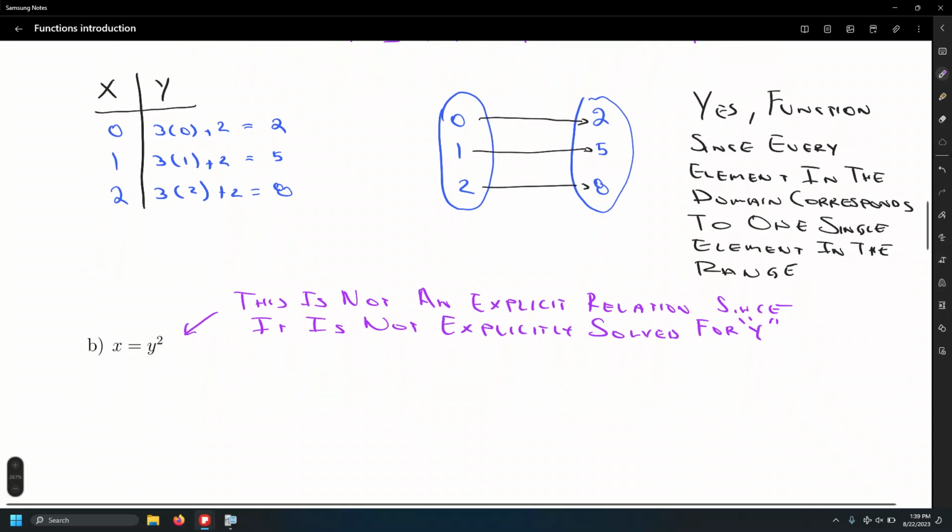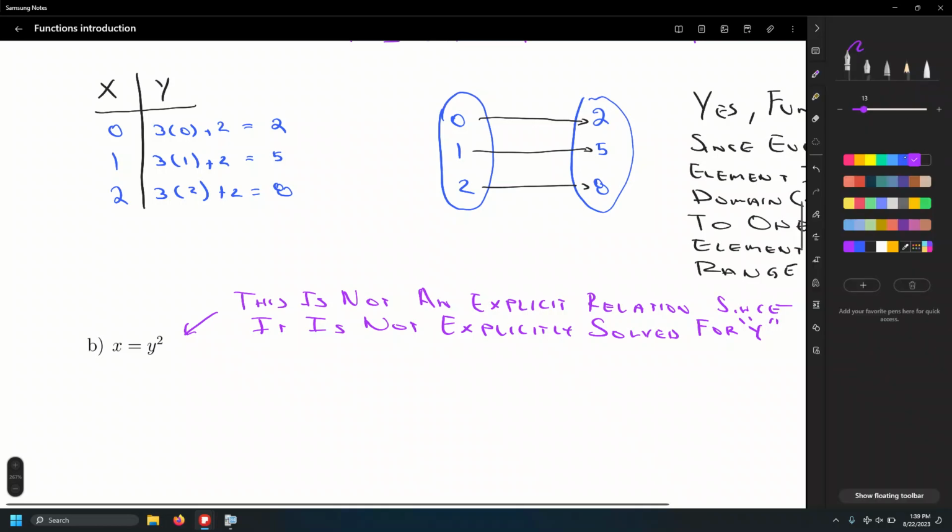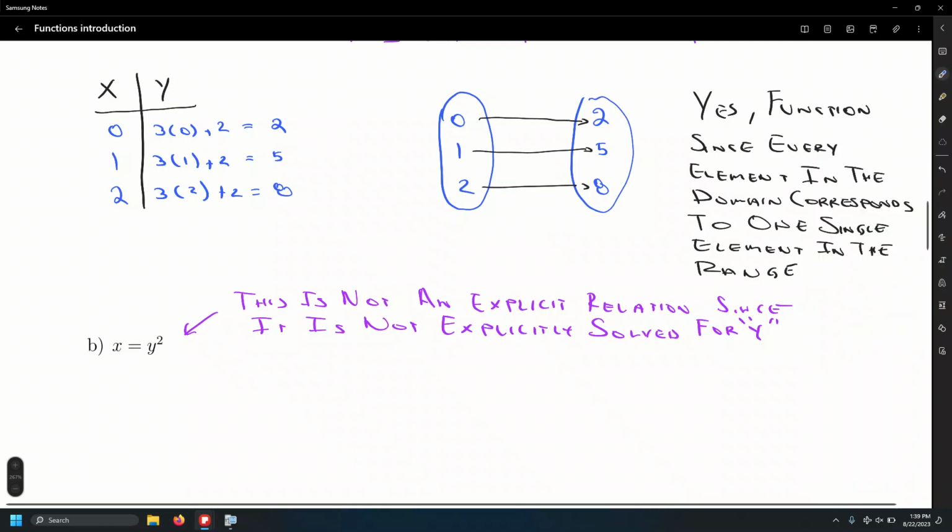Okay, I'm going to reverse the order of this equation, and I purposely wrote it this way because this is most likely the way you may see it on the homework, right? So I'm going to write this as y squared equals x. Now, if we solve this equation for y, any ideas as to what to do to get the y by itself?